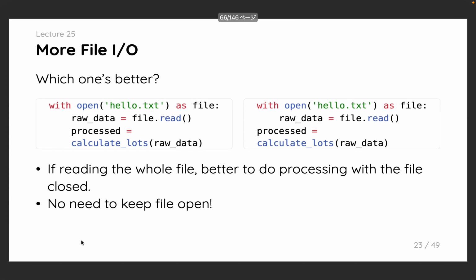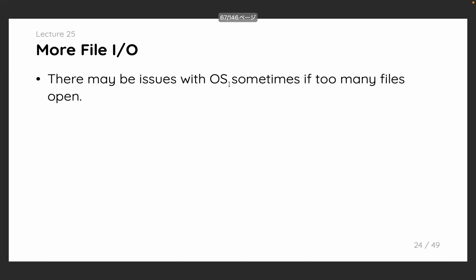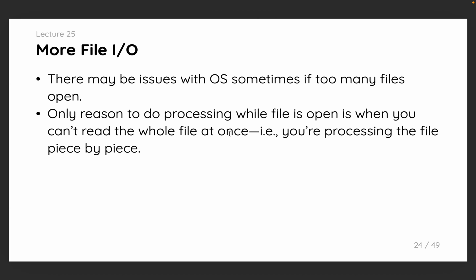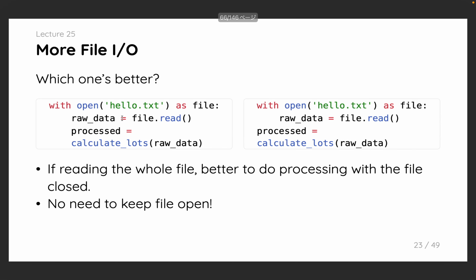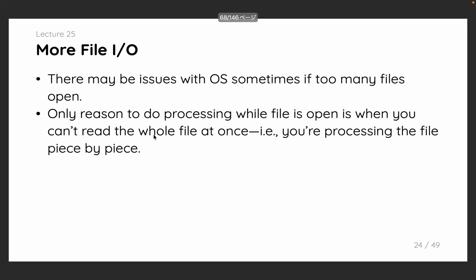Okay, so don't keep many files open at once since you might run into issues with your operating system if you open too many files. The only reason you would really want to do something like this is if you can't read the whole file at once. If the file is really that large, then you don't have a choice.